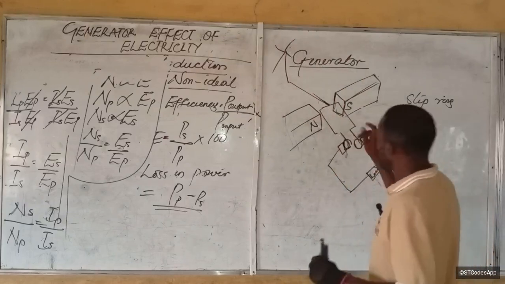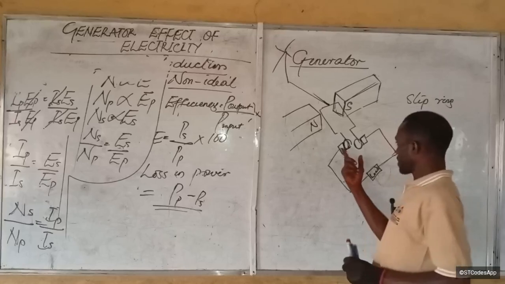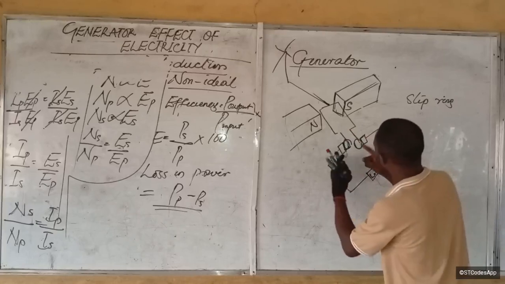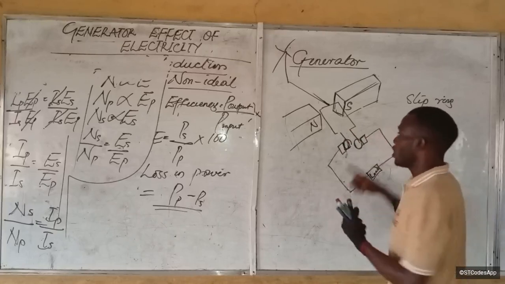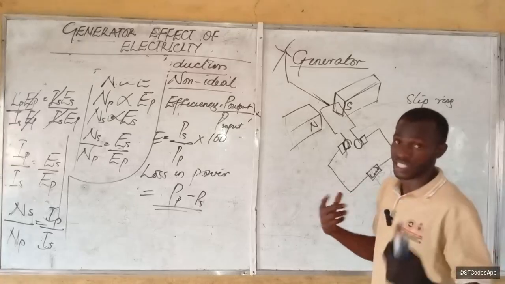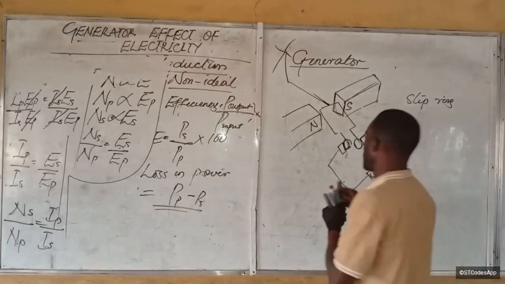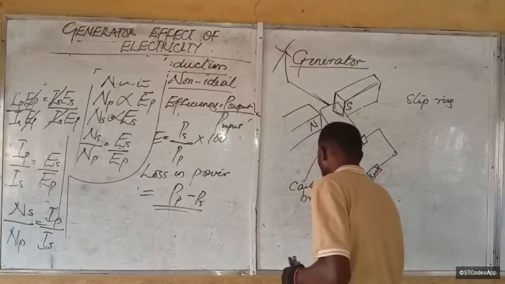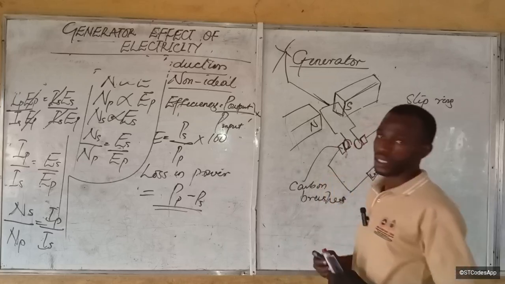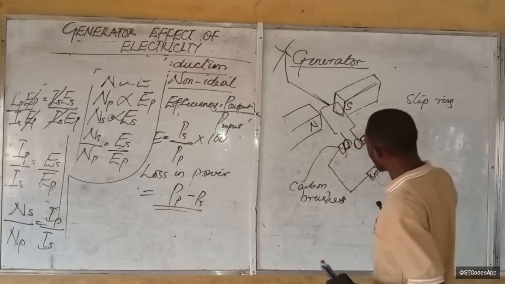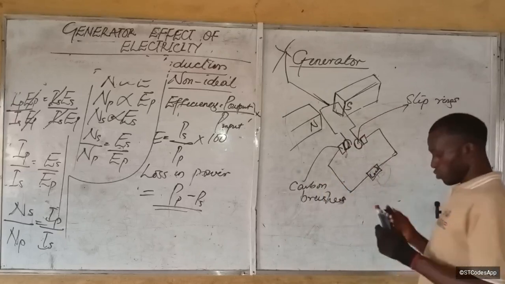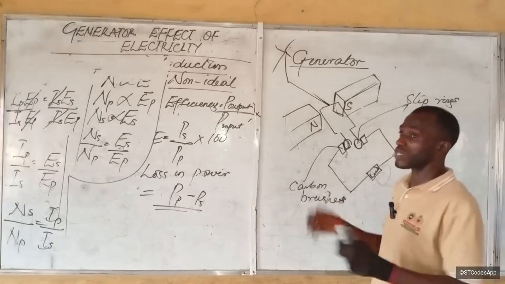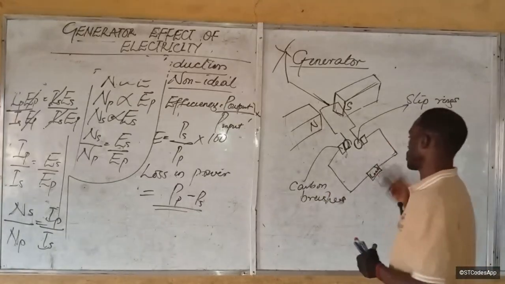As this system begins to rotate, it will be sliding. Notice it will not tangle up the wire. It will be sliding, basically touching the carbon brushes. The carbon brushes are there to maintain contact, and the slip rings make sure there is no tangling of these wires.